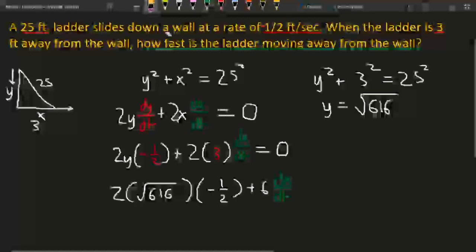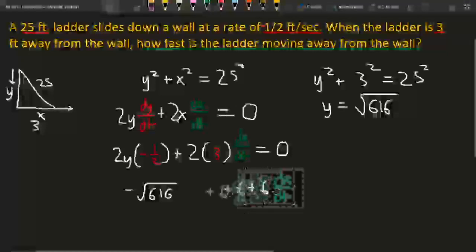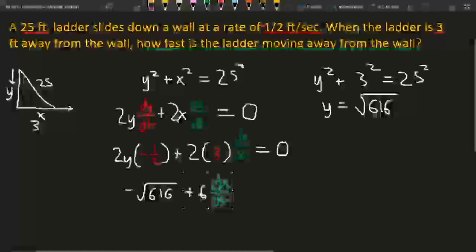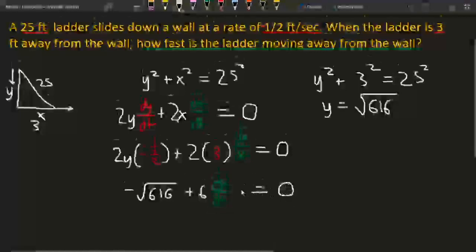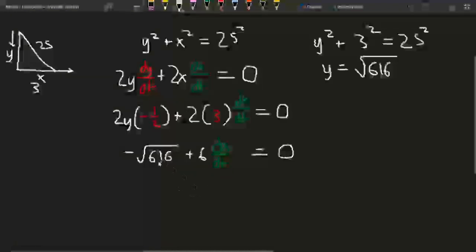And right here, I'm actually going to simplify this real quick. So negative 1/2 times 2 is just negative 1. So this just goes to negative root 616, and then plus 6 dx/dt like that. And this is equal to 0. So now all we need to do is bring root 616 to this side.